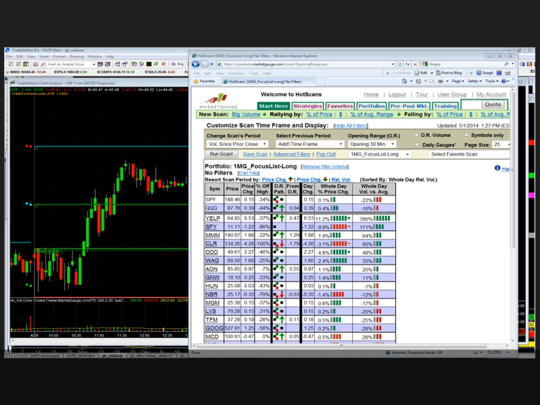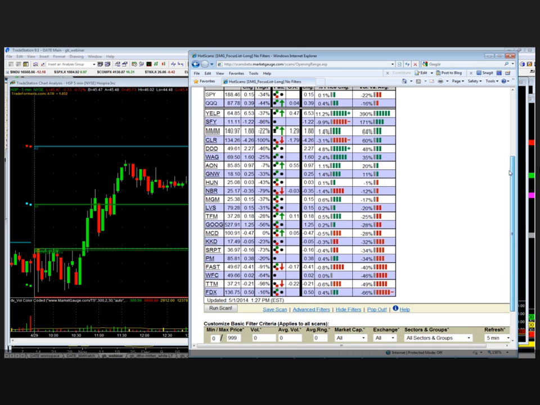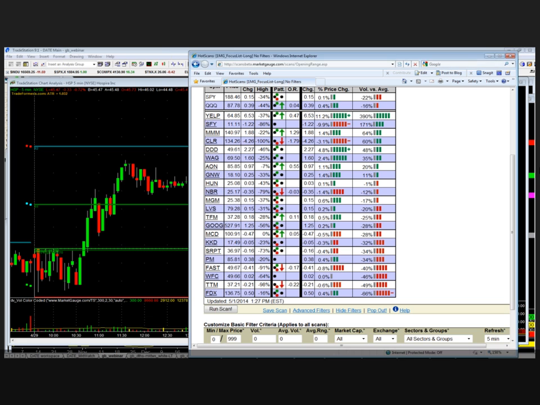I can easily do that by looking for something that has a green dot but not a green arrow. So here's an example, DDD. The Qs are trading over their opening range still, but DDD broke out and now it's back in it. I also know from the percentage off high, 46%, that it's trading just below the middle of the day's range.